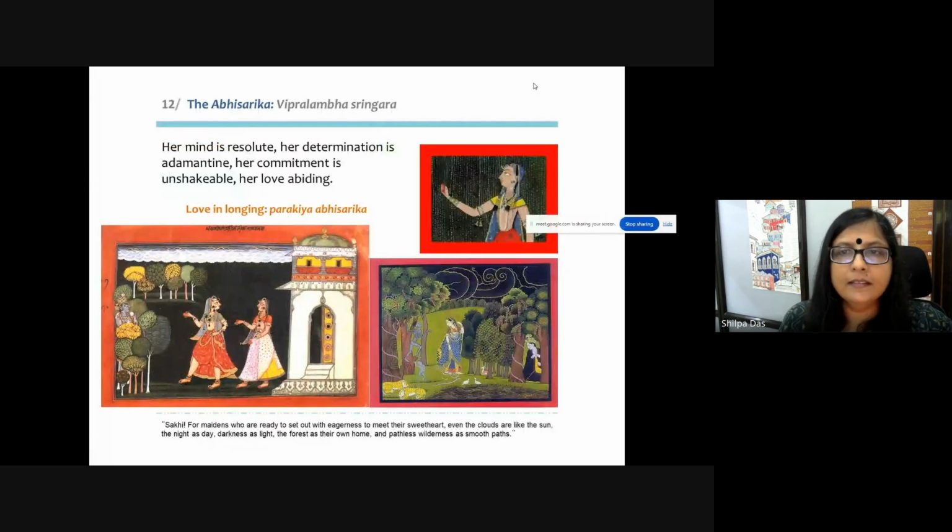Let us see in the next slide. There's something common about the Nayika, about the Abhisarika. So she's full of passion in her art. The difference in the painting to the left is that there is a Sakhi here, who is probably in all likelihood telling her not to go.